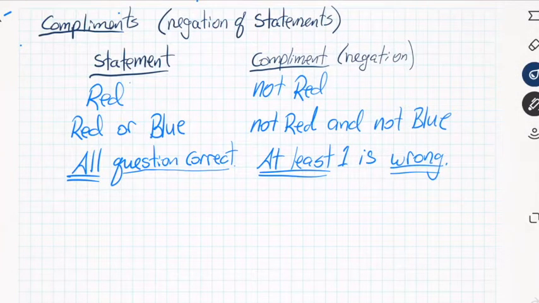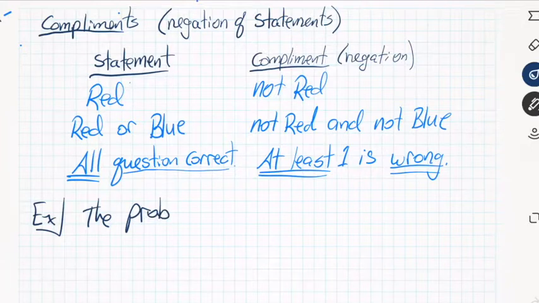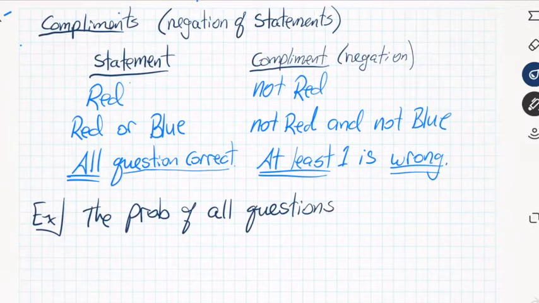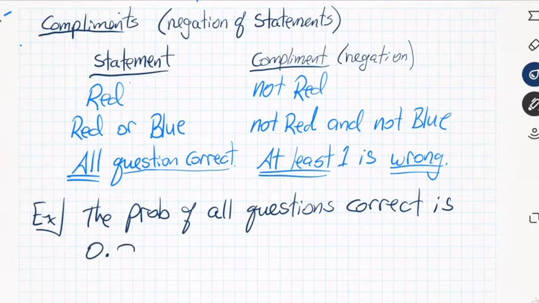Let's take the all questions correct. So for example, if the probability of all questions correct is 0.015.